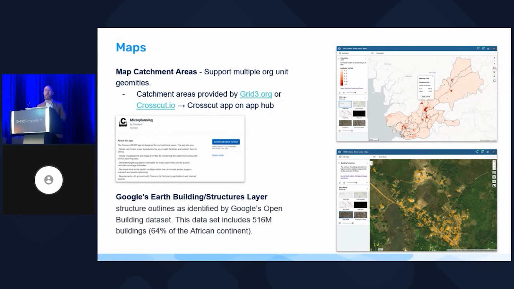And then we can attribute population and even number of household structures through Google Earth Engine and some other sources to be able to give you some pretty actionable data about how many people live in a health facility, where do they live, and you can layer additional health programmatic data on top of it. So where do people live who have the lowest vaccine coverage, for example? And you can have targeted outreach campaigns, et cetera, based upon that data.